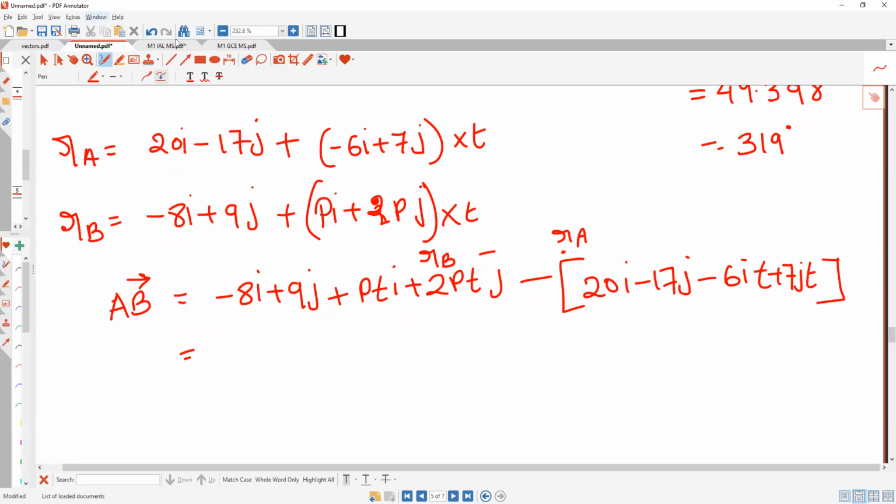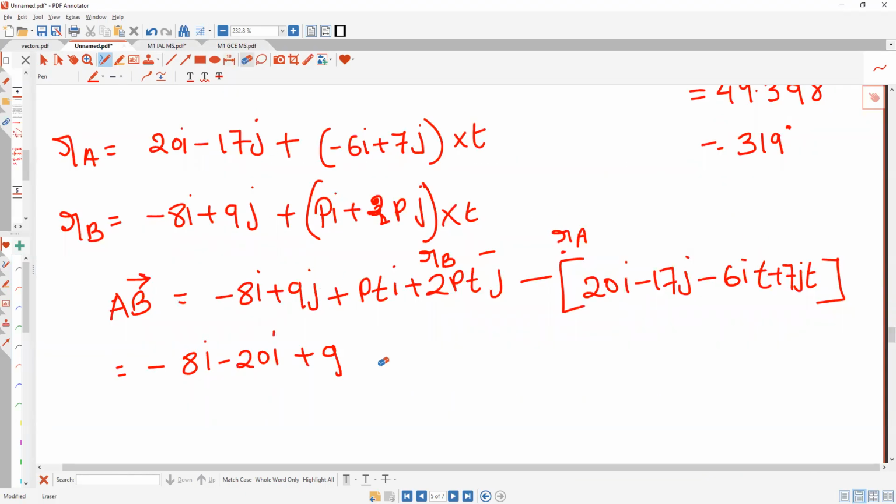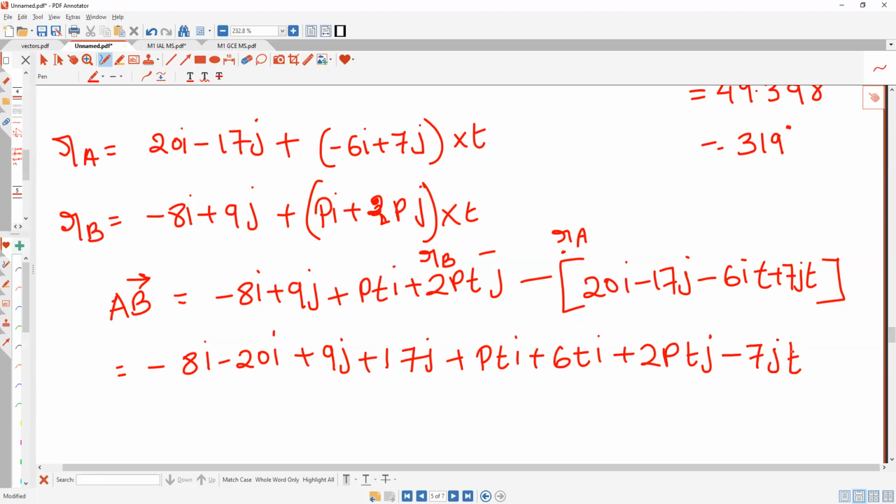So if I find it, what should my answer be? The answer is supposed to be minus 8i minus 20i plus 9j plus 17j, then plus pti plus 6ti, then plus 2ptj and minus 7jt.